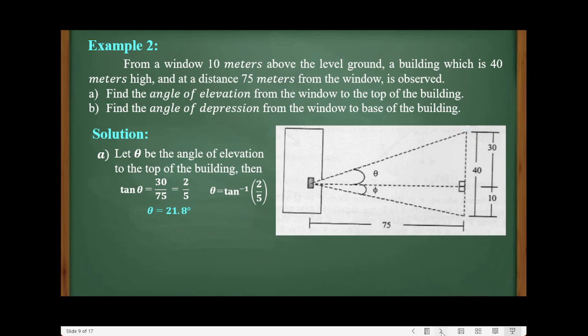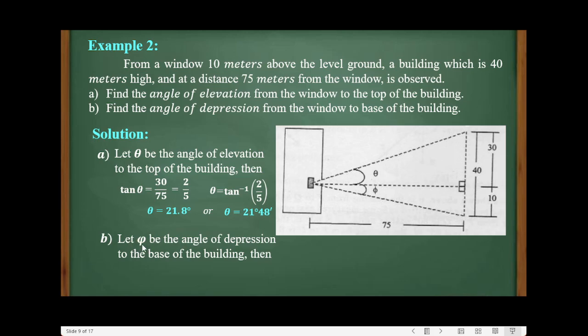Now, for the angle of depression, okay, if we're going to convert this measure in terms of degrees and minutes, that will give you 21 degrees and 48 minutes. Next, letter B, the angle of depression, then denoted by this symbol.